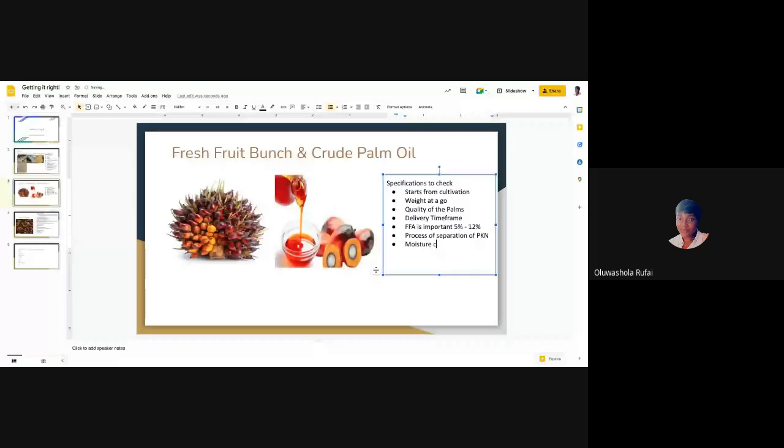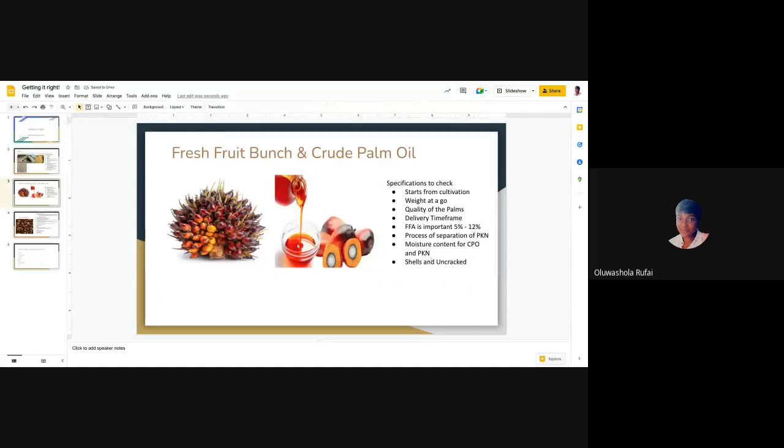And of course, for the PKN, the percent of shells in the stock, the shells that have been unbroken, that is uncracked, it's important that the percent is gotten right before they are accepted to be supplied.